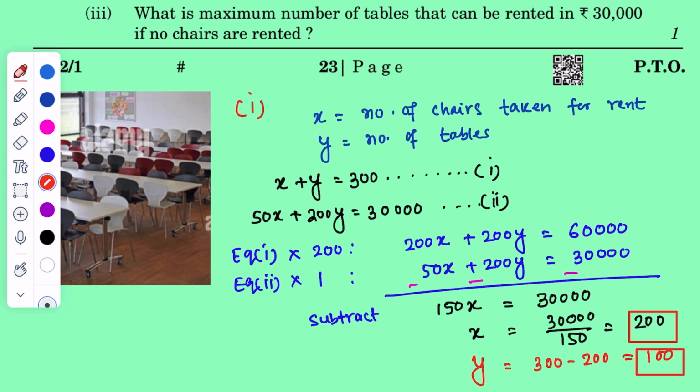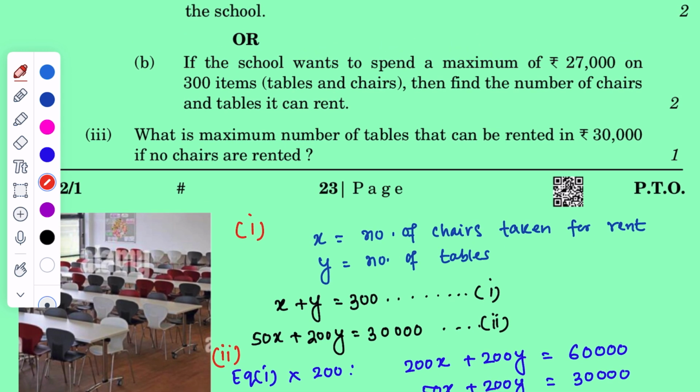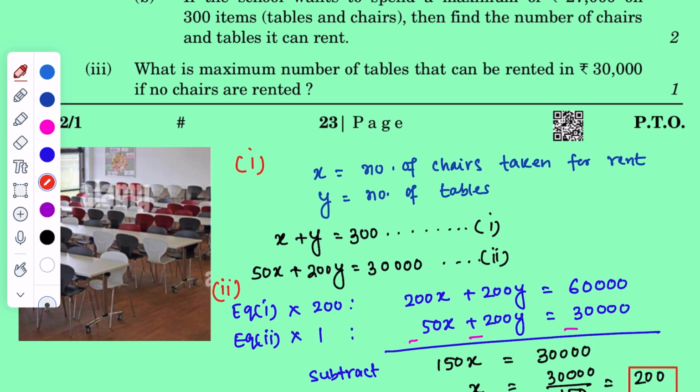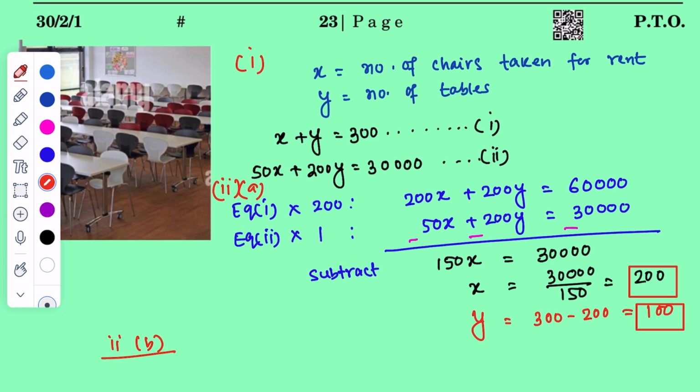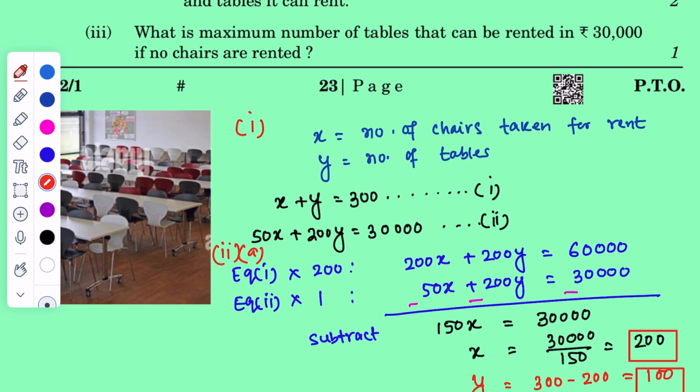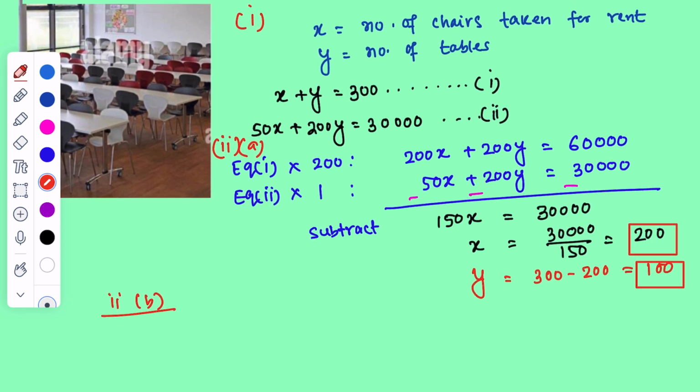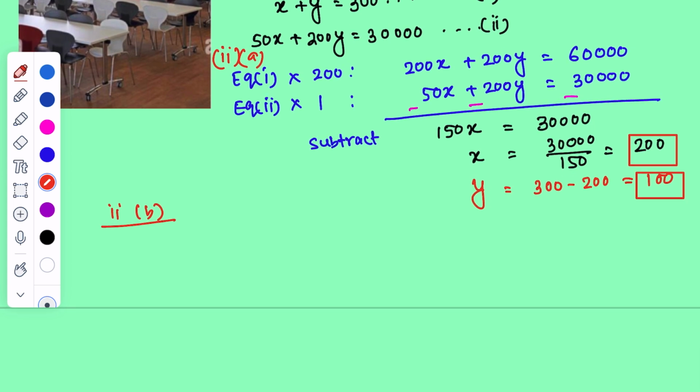Actually, the first bit is we have to form the linear equations, and for the second bit we will solve it. This is for part A. Now part B: it is given that they plan to spend 27,000 for these 300 items.